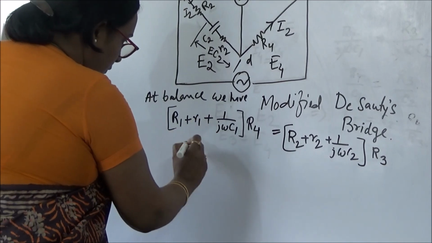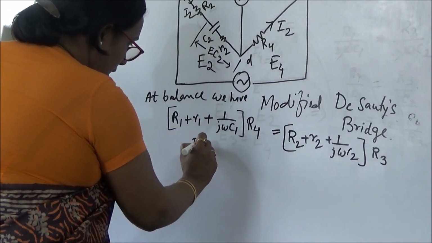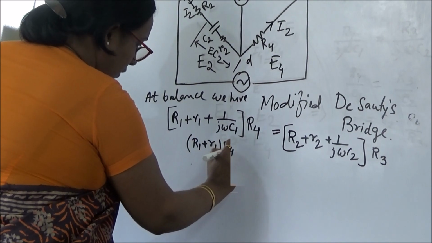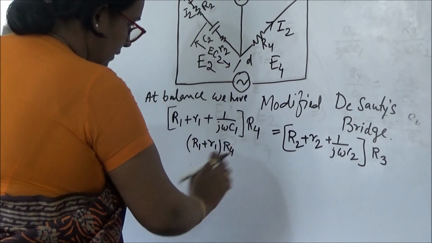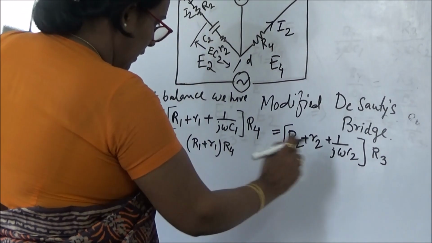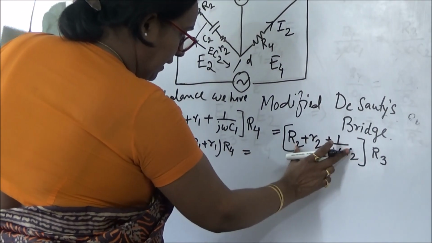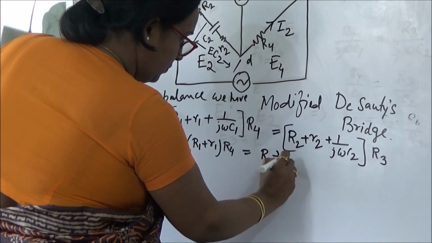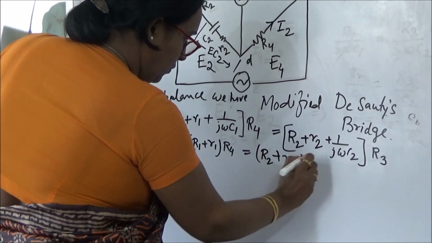So what I am getting, R1 plus small r1 into R4, this is the real part. It must be equal to the real part of this right hand side, that is R2 plus small r2 into R3.